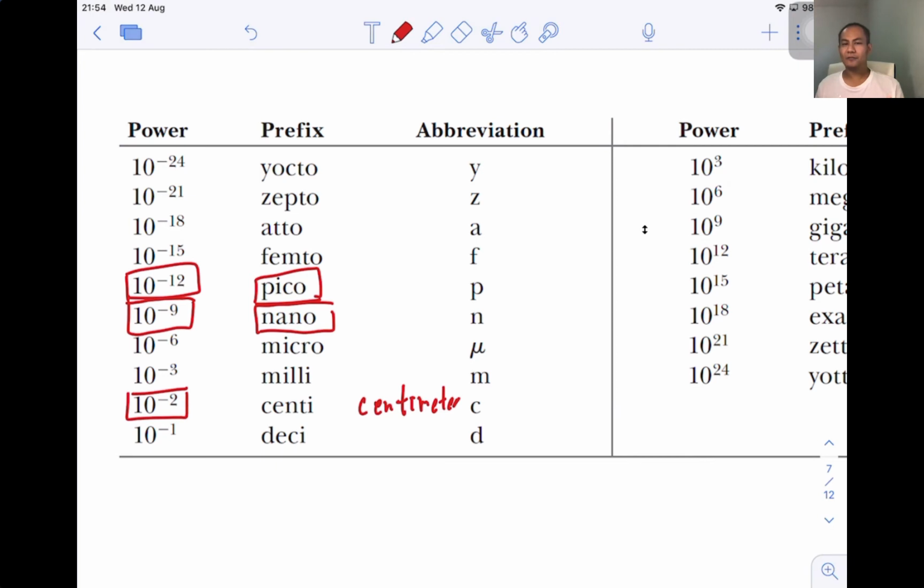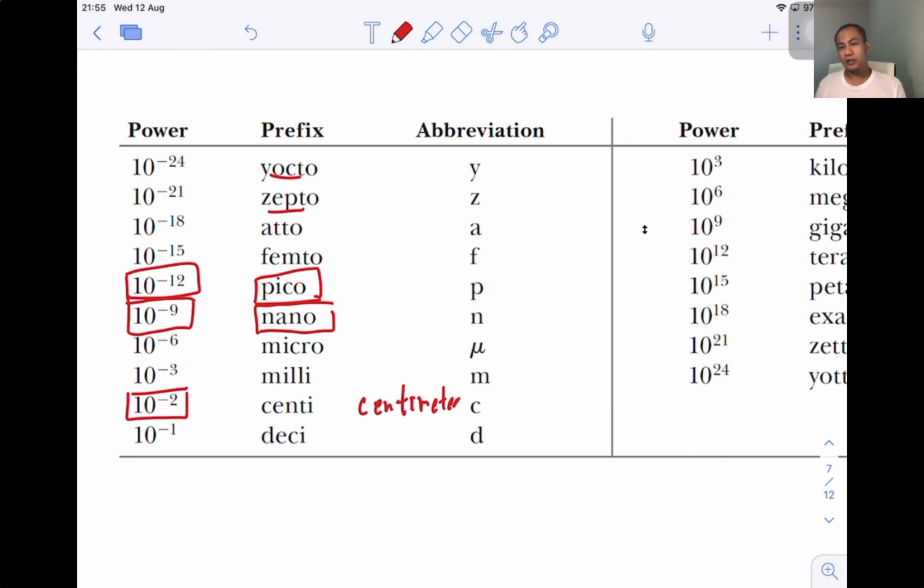Is there anything smaller than electron, proton, or neutron? The answer is yes. We have quarks. We have maybe 12 or 24 types of quarks, I'm not sure. They are very much smaller than neutron, electron, or proton. So we have prefixes down to zepto or yocto.